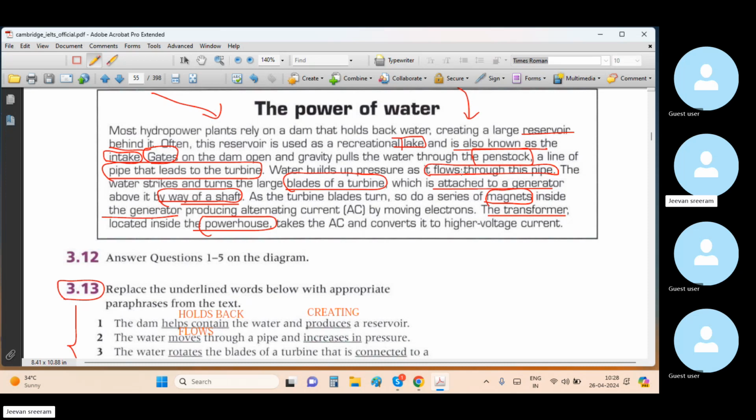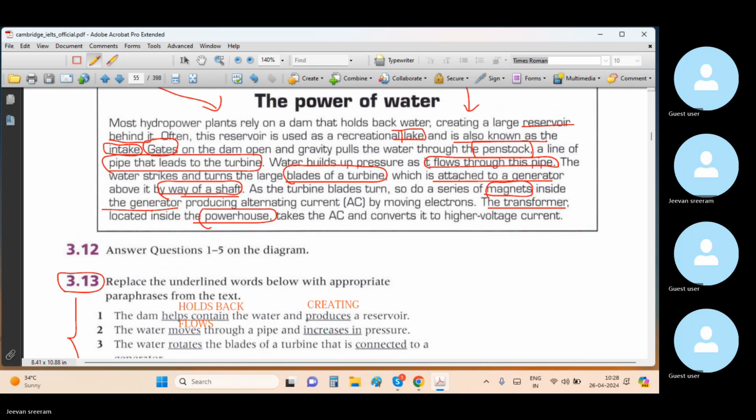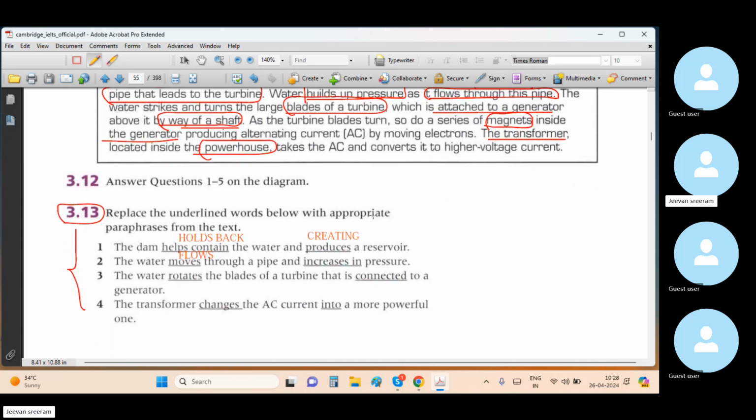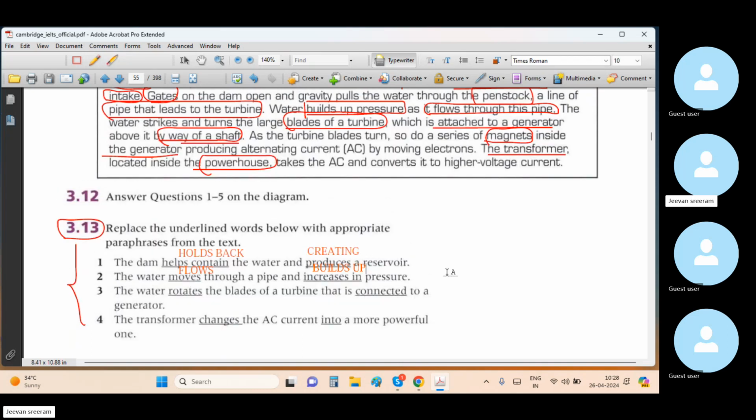In the passage it was flows through. Increases the pressure. Where is the pressure? Yeah. Builds up the pressure. Correct? Builds up the pressure. Right.